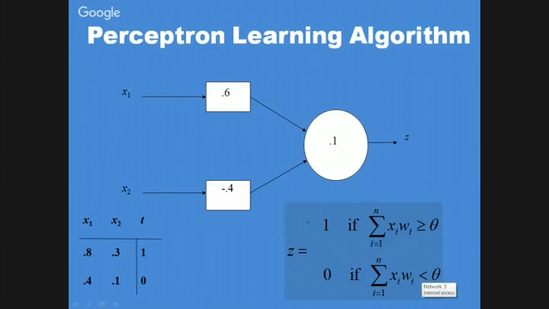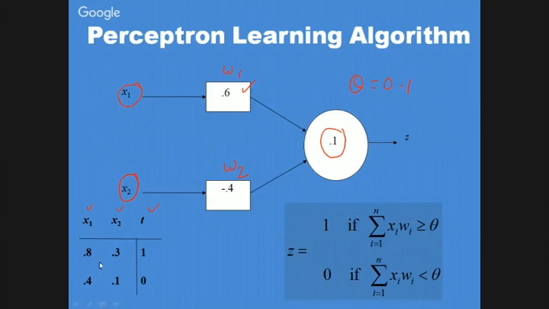For example, there are two inputs, x1 and x2. The weights I have given are w1 equal to 0.6 and w2 equal to minus 0.4. And the threshold I have given is theta equal to 0.1. In the example, we have x1, x2 and the target.